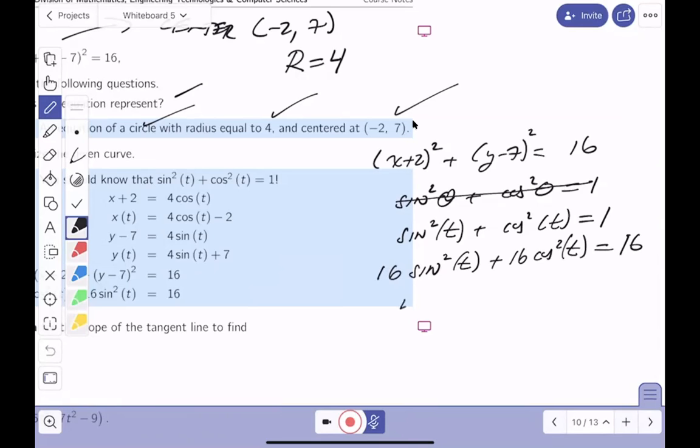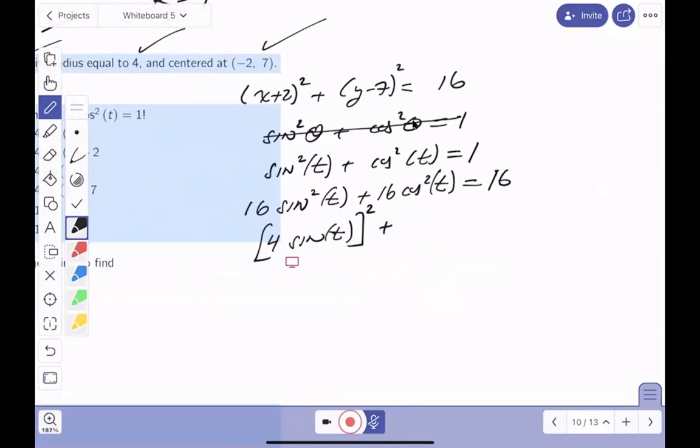Well, I'm gonna write a little bit different. I'm gonna write as 4 sine t squared. Let's write this other guy down, which would be 4 cosine t squared is equal to 16.